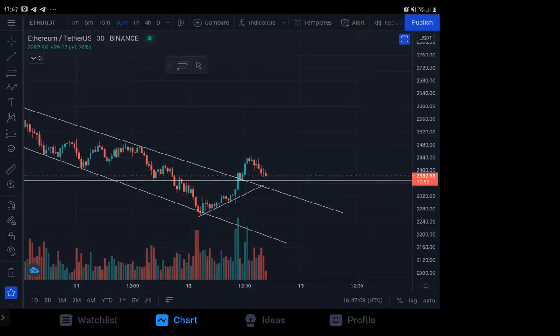Then where we set a stop loss, you set a stop loss at the swing low, the lowest point it has gotten in previous time, which is this point I'm drawing now. This point is 22.55.